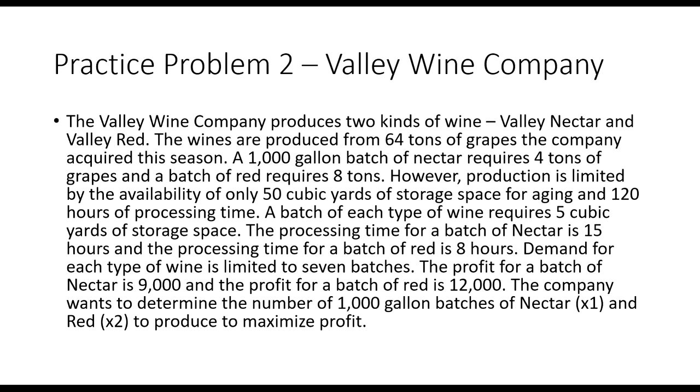The Valley Wine Company produces 2 kinds of wine, Valley Nectar and Valley Red. And the wines are produced from 64 tons of grapes the company acquired this season. A 1,000-gallon batch of nectar requires 4 tons of grapes, and a batch of red requires 8 tons. However, production is limited by the availability of only 50 cubic yards of storage space for aging and 120 hours of processing time.